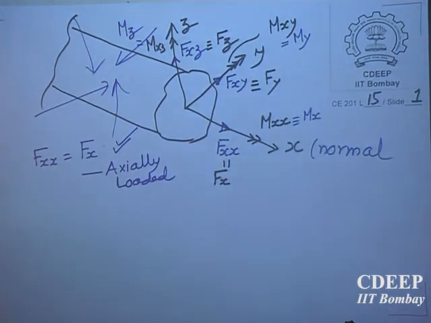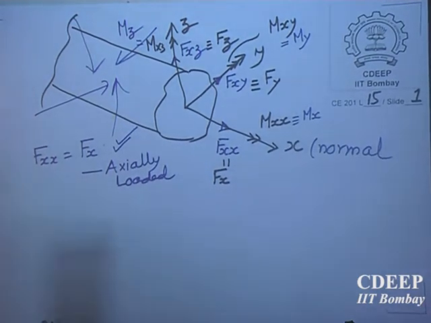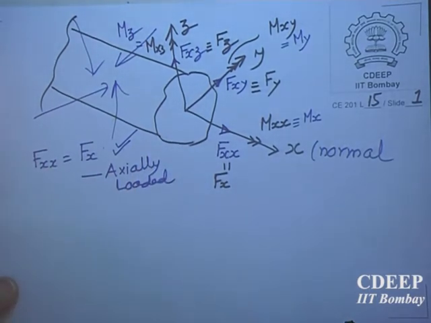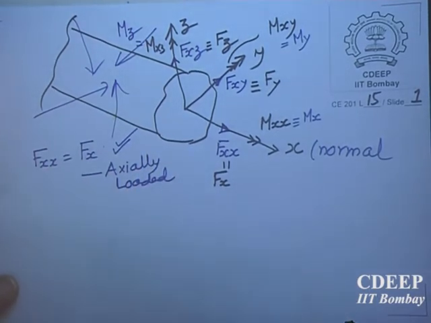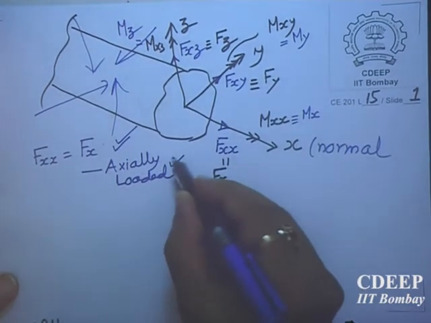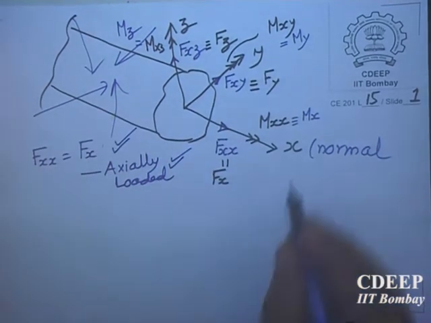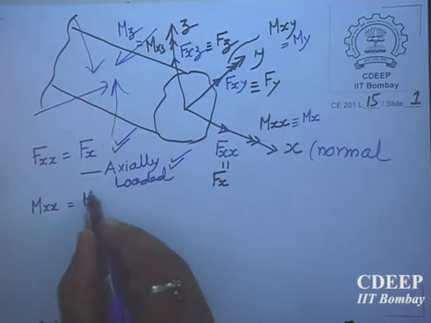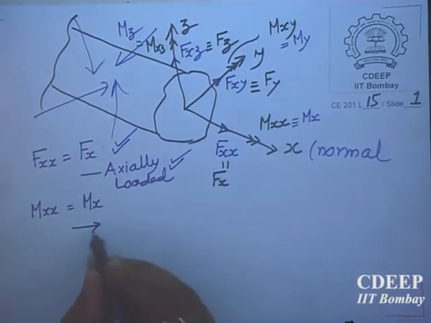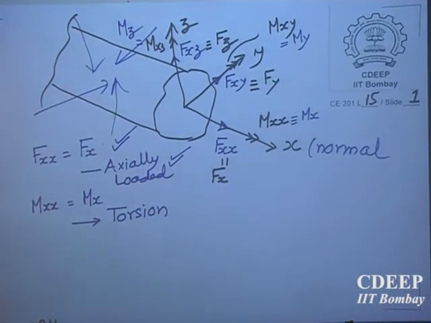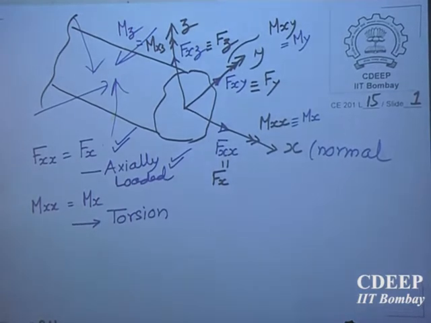So we have already discussed, if the body is subjected to only a simple axial force, that means only Fxx, that we have already covered. Then we have also done Mxx, that is torsion. That means the body is subjected only to a torque about the axis.